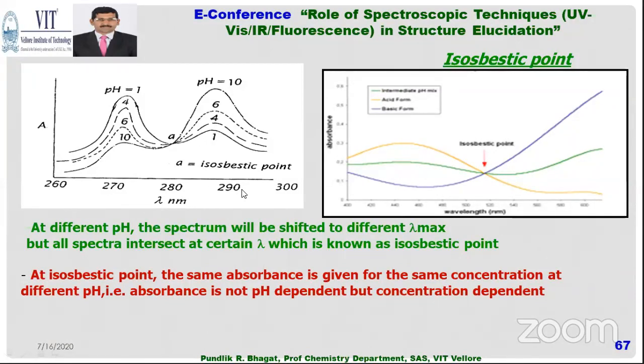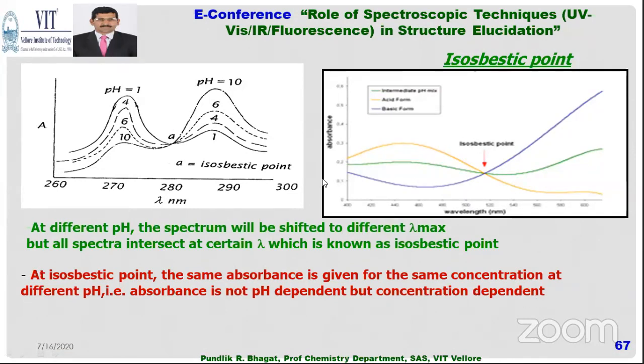So what is the role of this? To find out the isosbestic point when you are studying UV visible or when you are determining lambda max, we need to study the effect of different pH. That will help us to know the maximum absorption at different pH. At the same time, the isosbestic point helps to decide the pH at which we should calculate the lambda max, and the pH which we should consider for experimental purposes.